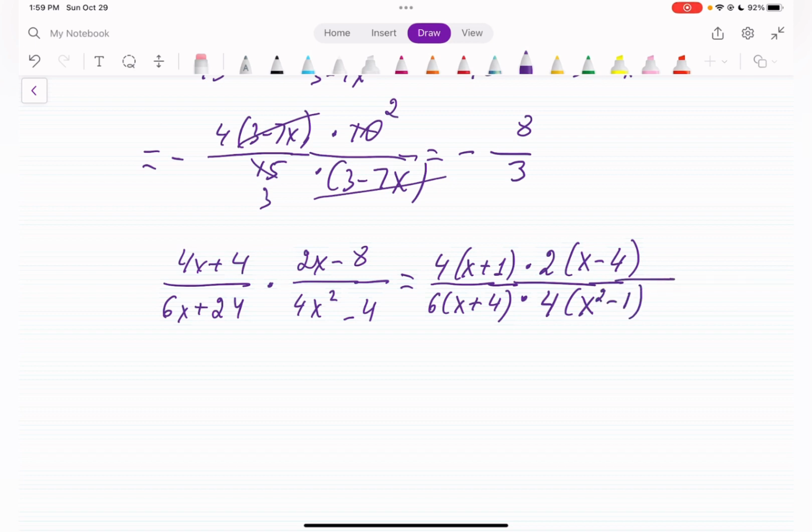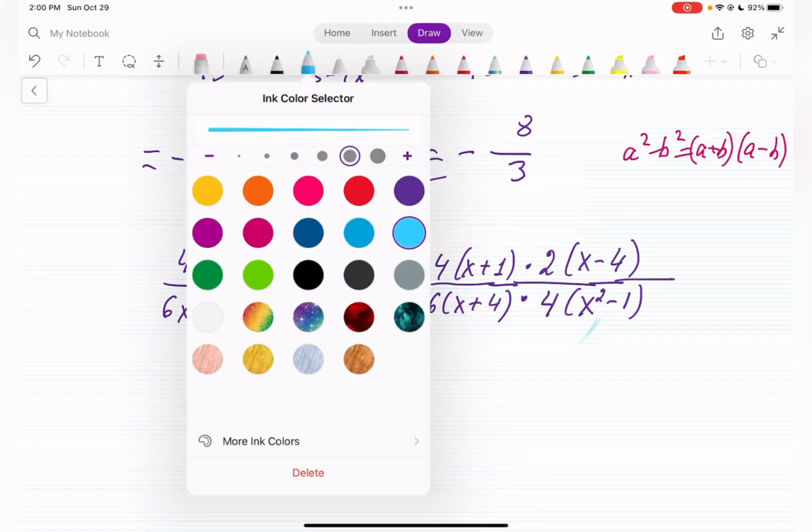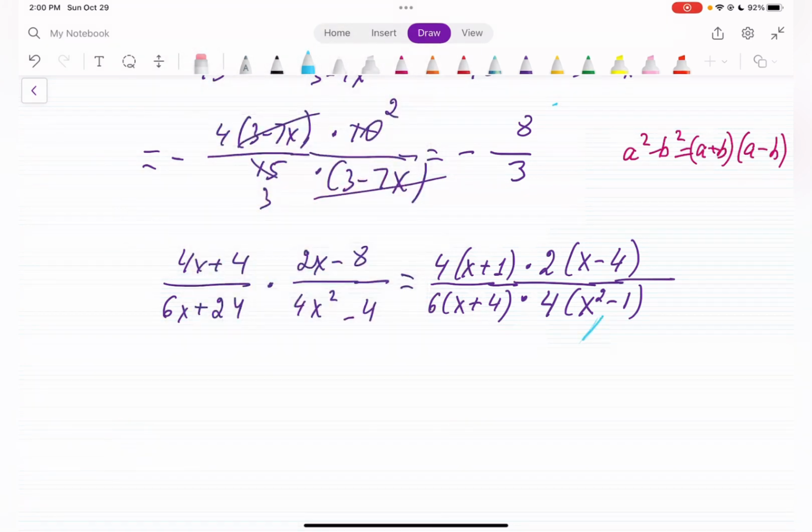Let's see what I'm going to do here. x squared minus 1, remember the formula? a squared minus b squared equals a plus b times a minus b, right? Which means here x squared minus 1 is going to be x minus 1 times x plus 1, correct?